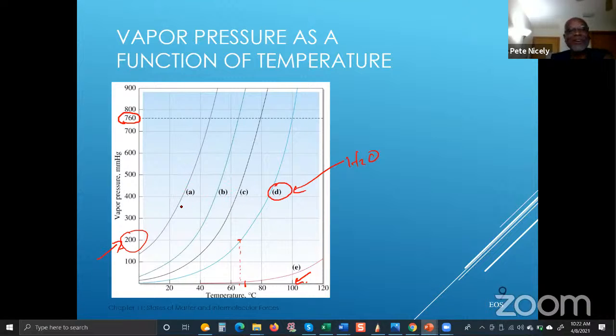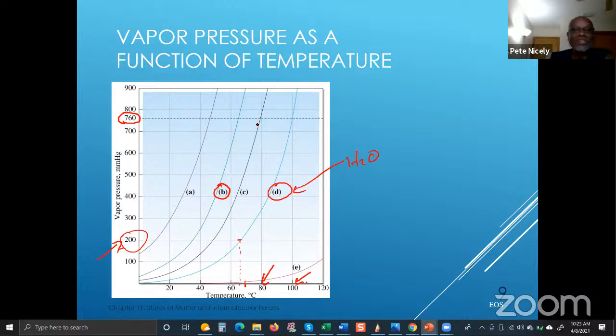As I said before, I don't know what these liquids are, but let's say we look at liquid B, and you're asked for the normal boiling point of liquid B. At 760, it looks like the normal boiling point is just under 80 degrees Celsius. Oh, sorry.